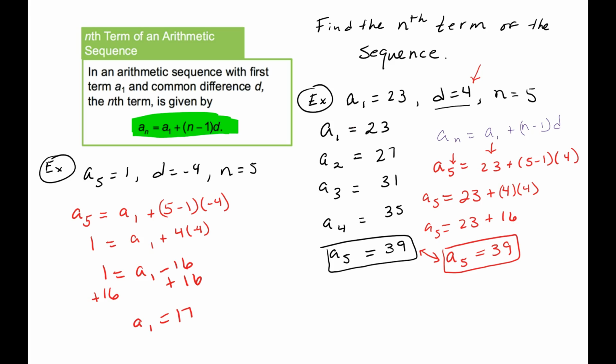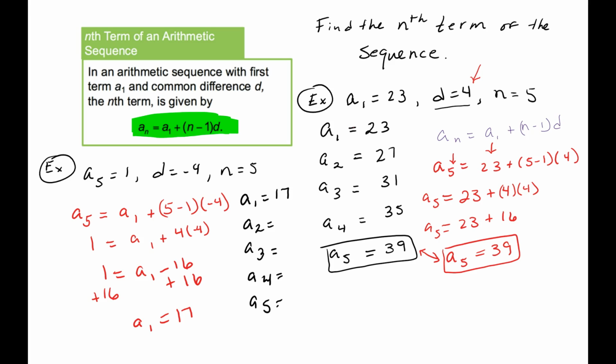Okay, so a sub 1 is 17. Now that I've solved for it, I can find the next elements, the first 5 anyways.